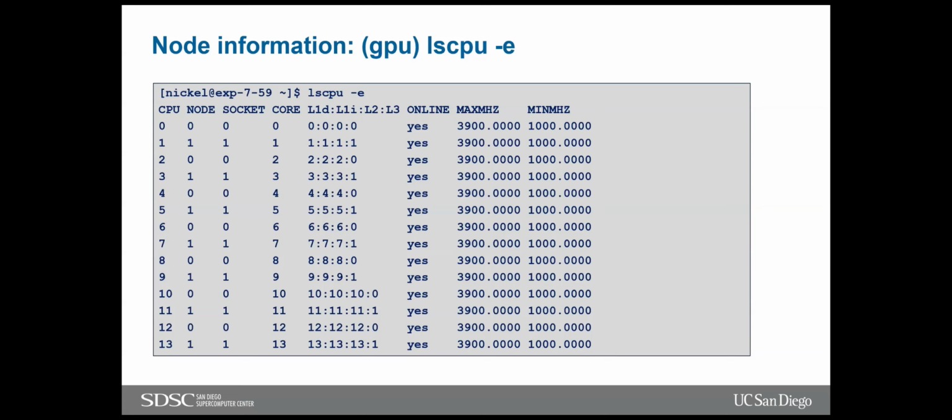L1 data, L1 instruction, and L2 are also going to be associated with an individual CPU. But you'll notice that L3 is going to be shared between 20 of them. Yes, 20 of them, because there's 40 in total.